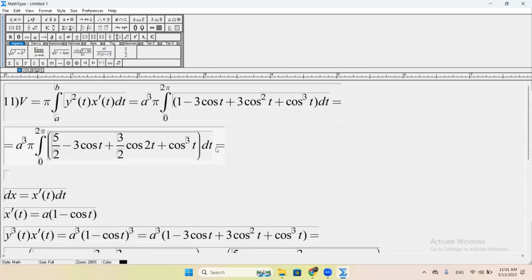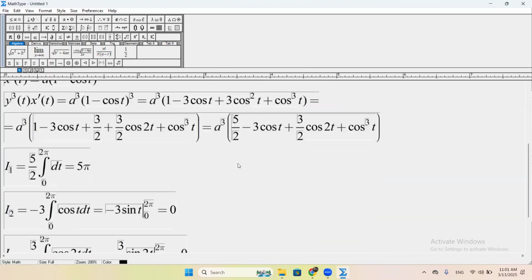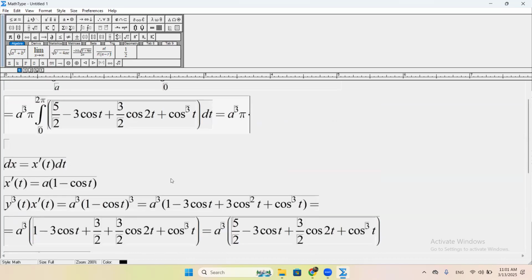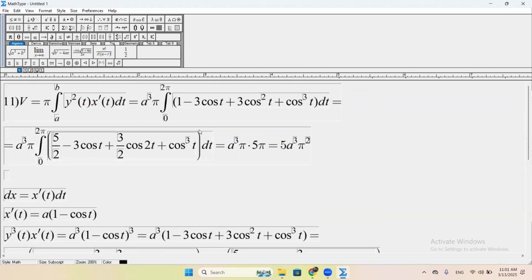So the final answer will be a cube p multiplied by 5p. So the final answer is 5a cube, not alpha, 5a cube p square. And that's it.